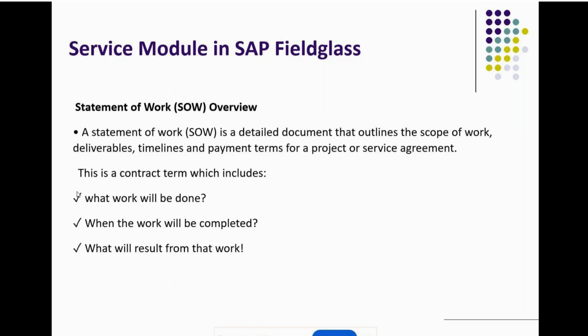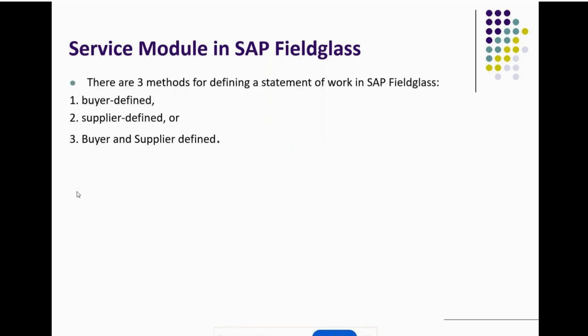This is the high-level contract definition: an outline of the scope of work, what work will be done, when it will be completed, and what the result of that work will be. There are three methods to create this SOW. The buyer can create the SOW, the supplier can create the SOW, or there might be a collaboration between buyer and supplier, so both can define the SOW.